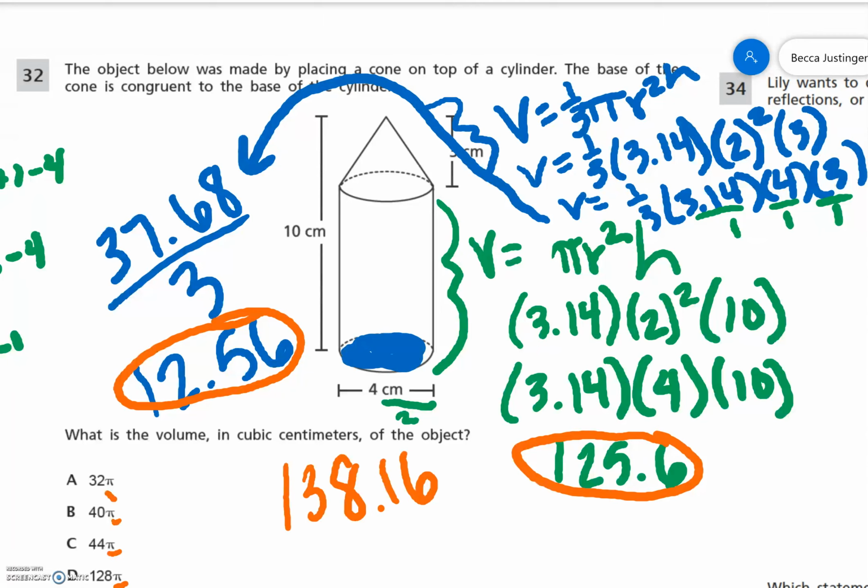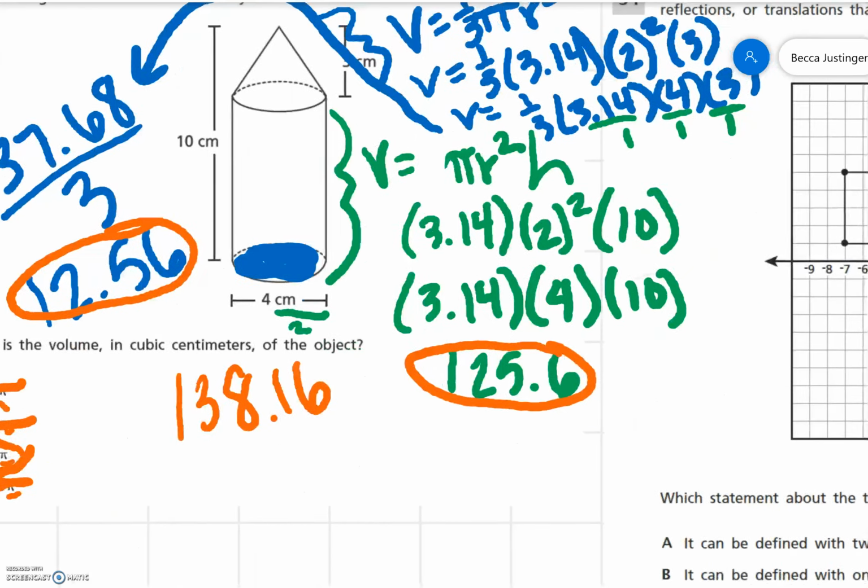So I do 32 times 3.14, that's 100. Nope. 40 times 3.14, that's 125.6. Nope, that's not what we want. 44 times 3.14 is 138.16. Hey, that's the one we want. And you could try D. 128 times 3.14, that's 401. That's not what we're looking for.